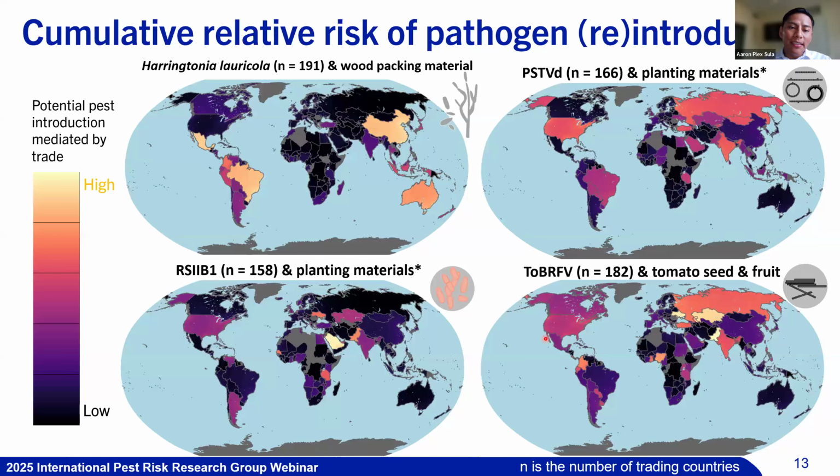But each pest species has a very specific geographic pattern for risk that we can use for prioritizing proactive surveillance. For example, for laurel wilt, we have countries such as Mexico and Brazil as important potential introduction points, where we know Lauraceae is an important host available in those countries.